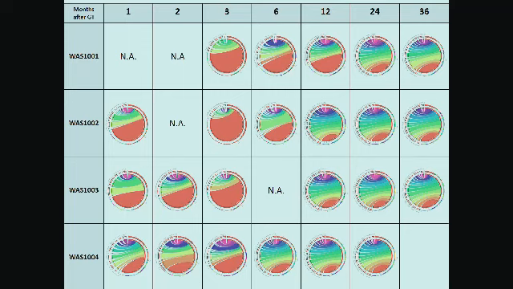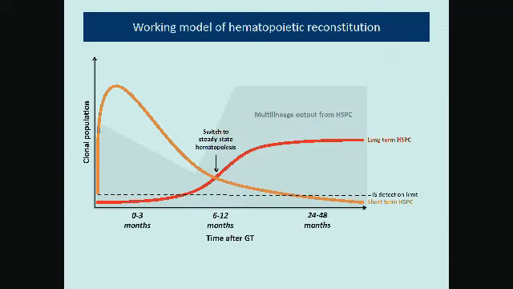Then after 6 months, there is a takeover of what we believe are the real long-term hematopoietic stem cells that, as you can see, preserve a very strong, very consistent multilineage output over a long period of time. So again, we had also a functional proof of the existence of 2 different waves of hematopoietic reconstitution.